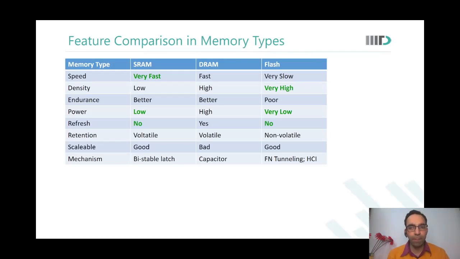Vishal? So the L1 and L2 caches are volatile. The processor interacts mostly with them. So isn't it a bad thing that whenever the power is lost, the miss rate will get high? Yes, you lose that data.